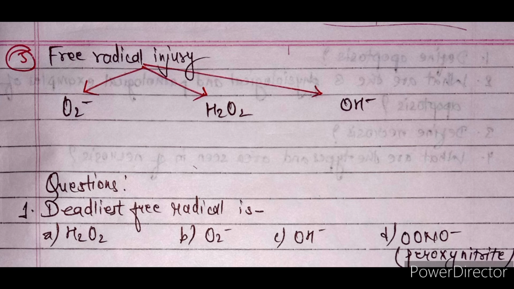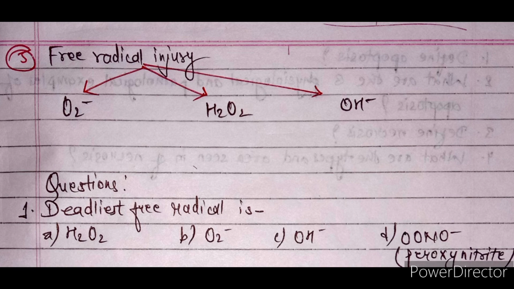So this can harm the cell, but the cell has backup plan to eliminate these free radicals with the help of few enzymes such as superoxide dismutase, glutathione peroxidase, and catalase. So all these enzymes help to eliminate these free radicals, and finally there will be no damage to the cell. So this was all about the 5 mechanisms of cell injury.